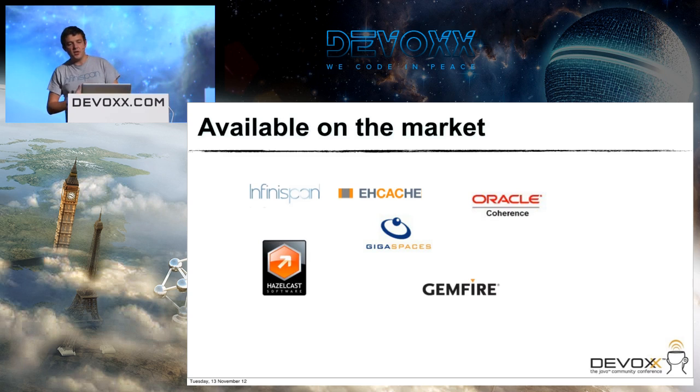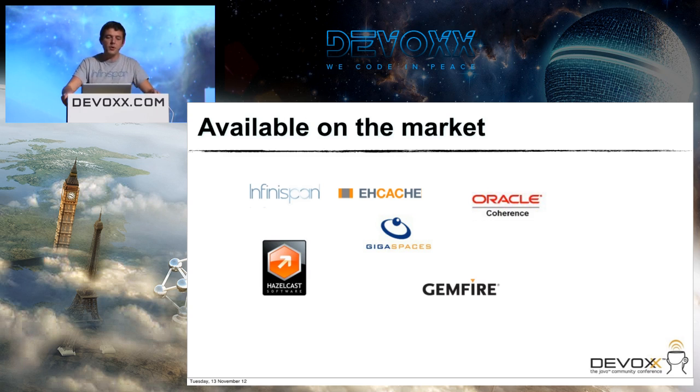These are some of the in-memory data grids I'm more familiar with. By no means all of them. They have been around for a while. For example, one of the pioneers, Oracle Coherence, I think it has been around for about 11 years now.